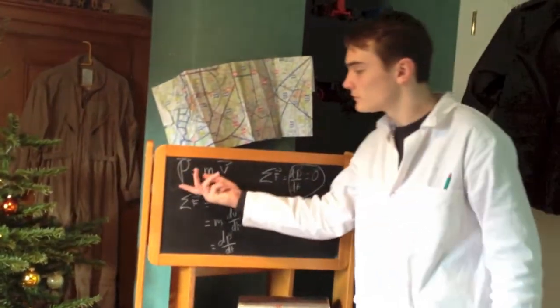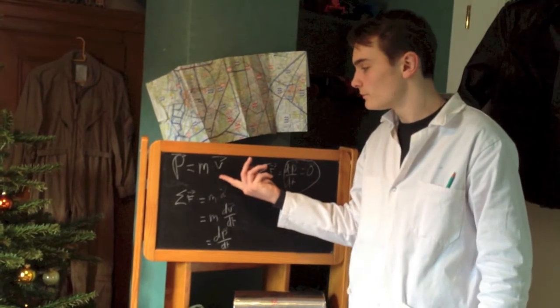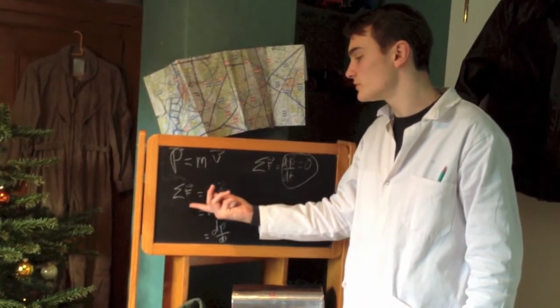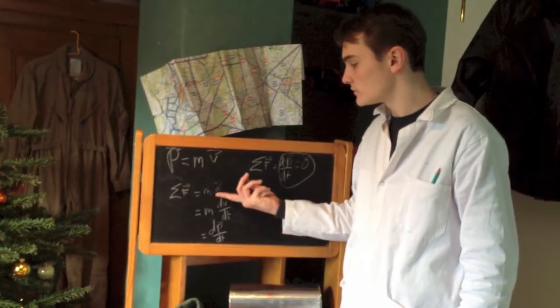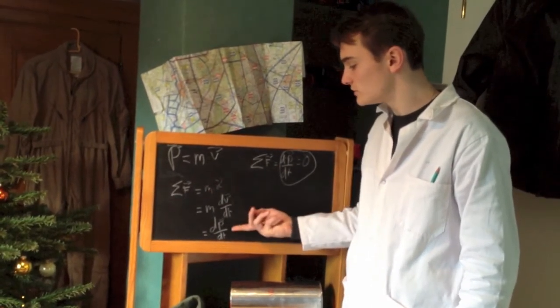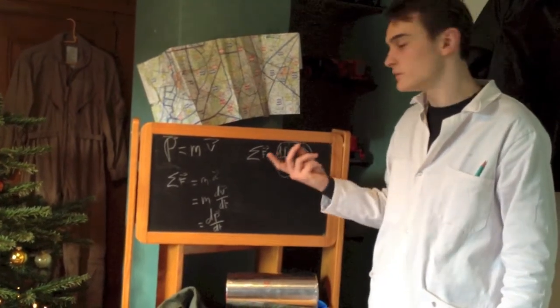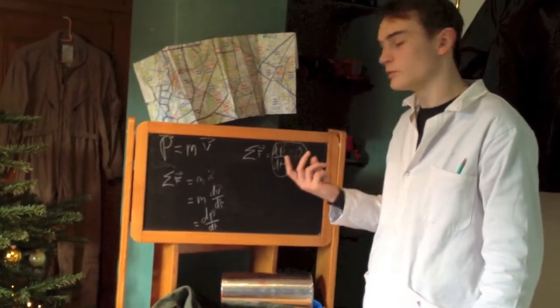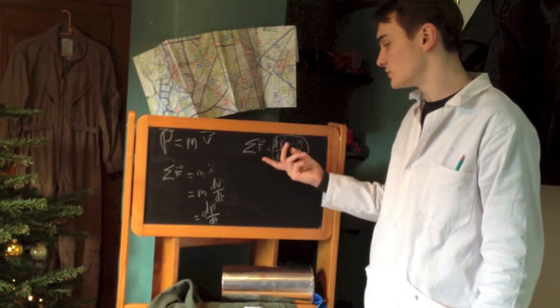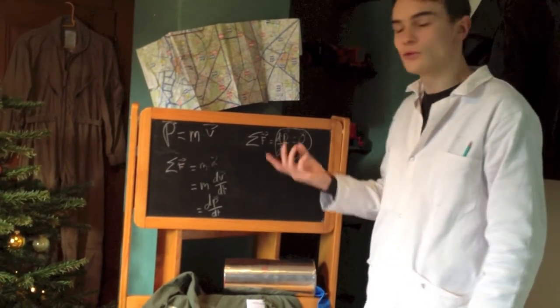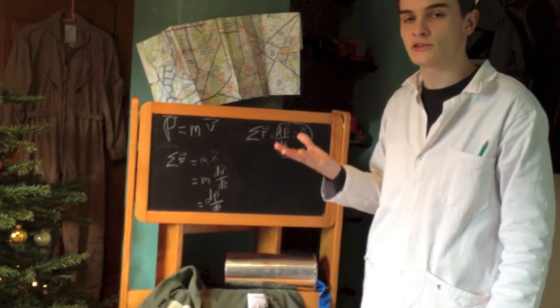For a given system you have a quantity of motion p that equals mv, and the second law of Newton brings us that the sum of forces equals ma, so the sum of forces equals dp on dt. The sum of forces for an isolated system is equal to 0, because forces are equal and opposite. So dp on dt equals 0, which shows that the quantity of motion is always constant.